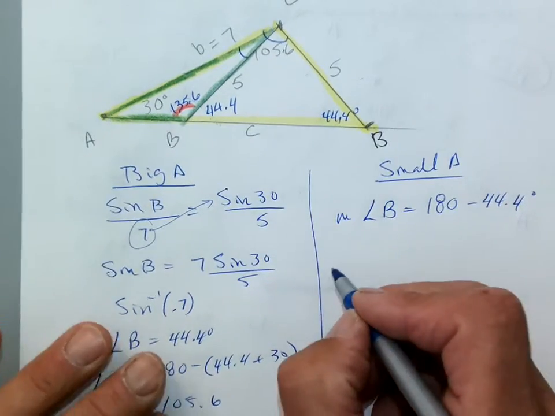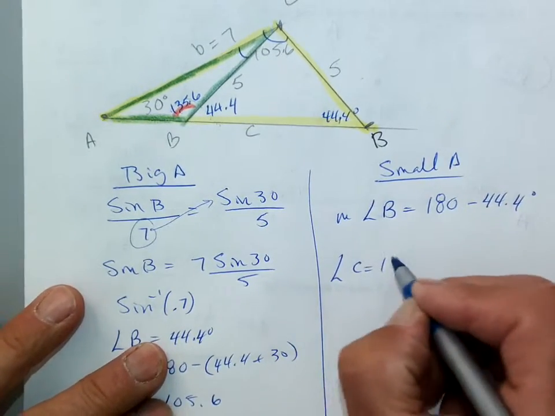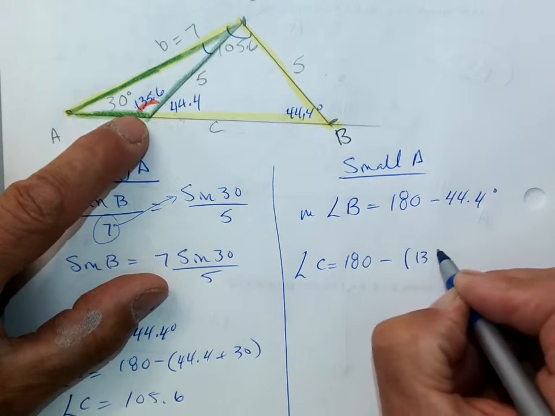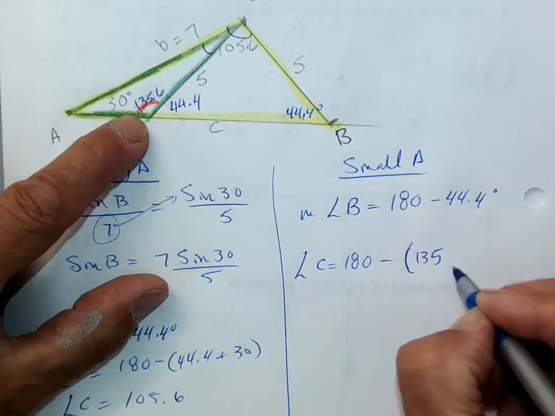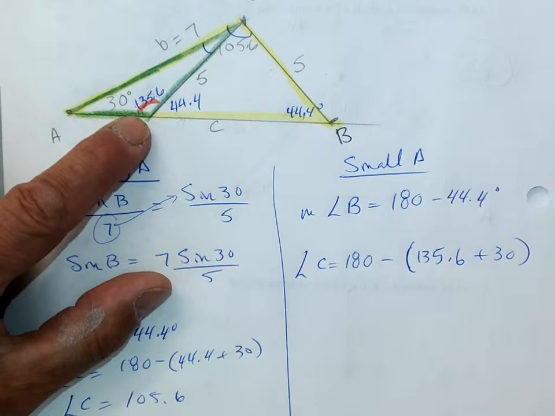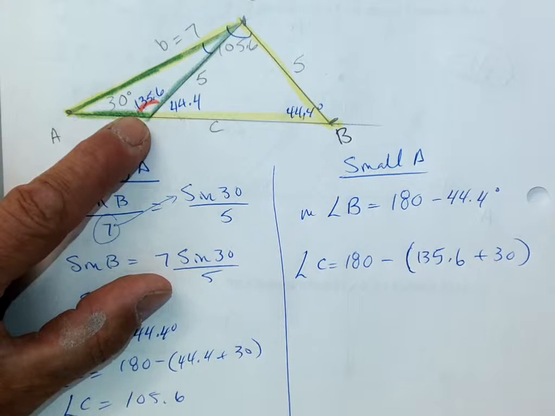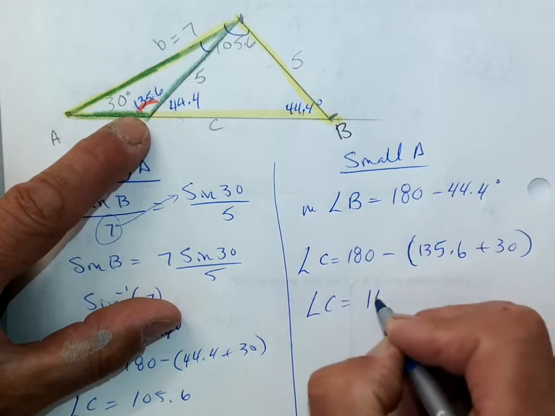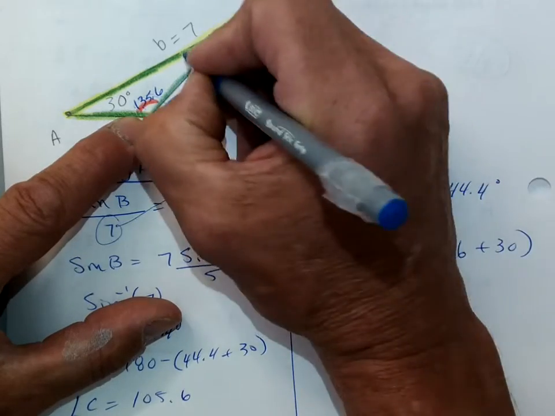So angle C is going to equal 180 minus my 135.6 plus my 30 degrees, minus parentheses 135.6 plus my 30, and I get an answer of 14.4. So angle C is only 14.4 degrees.